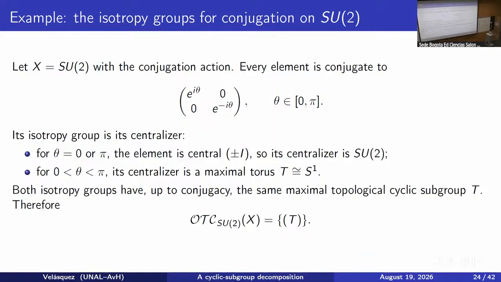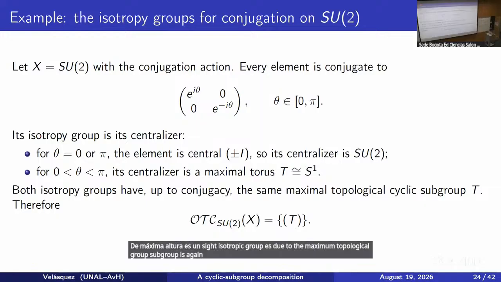But both isotropy groups, this one or this one, have up to conjugacy the same maximal topologically cyclic subgroups. In this case, the maximal torus. The maximal torus inside S^1 is the maximal topologically cyclic subgroup. In the isotropy group SU(2), the maximal topologically cyclic subgroup is again the same group.